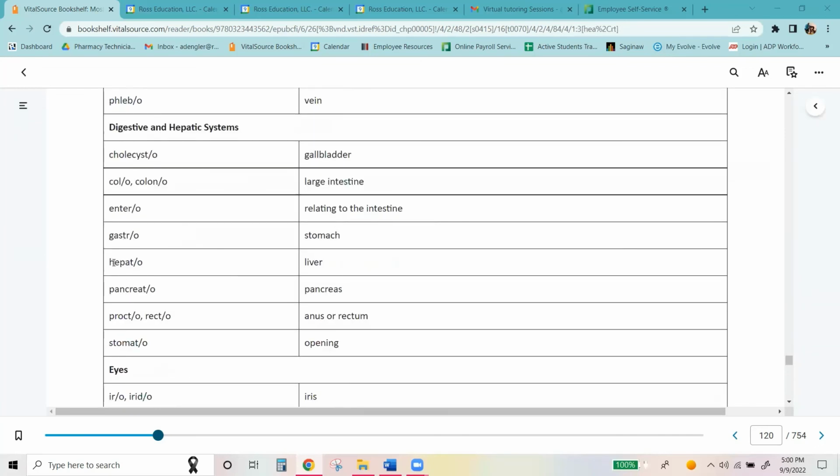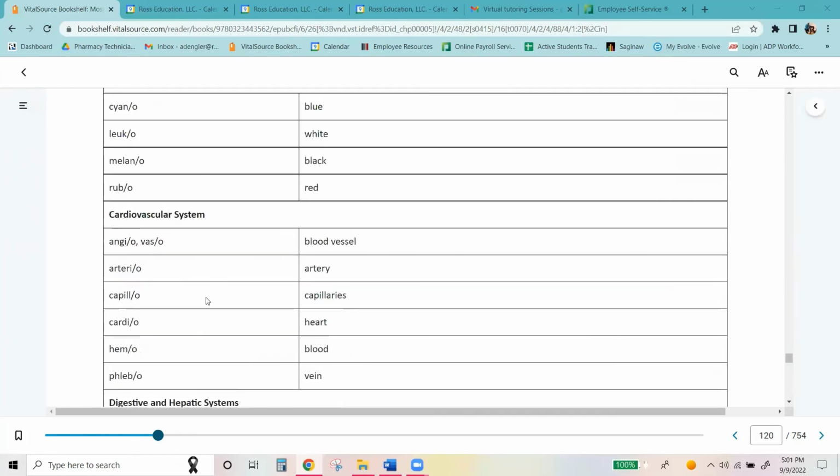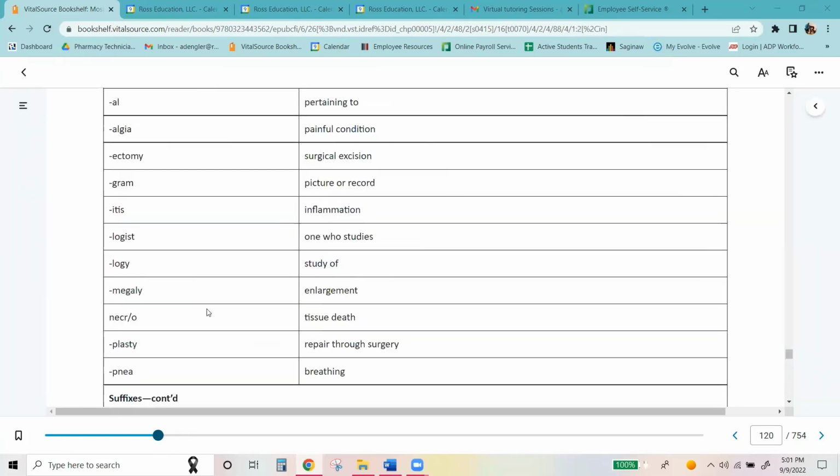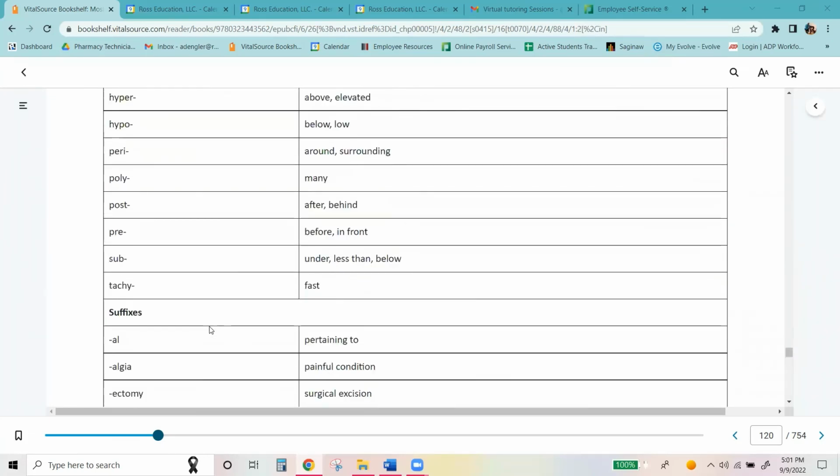For instance, here is hepat, and then O, that's talking about the liver. So if we are going to say inflammation of the liver, it would be hepatitis. If we were going to say inflammation of the pancreas, it would be pancreatitis, if that makes sense.